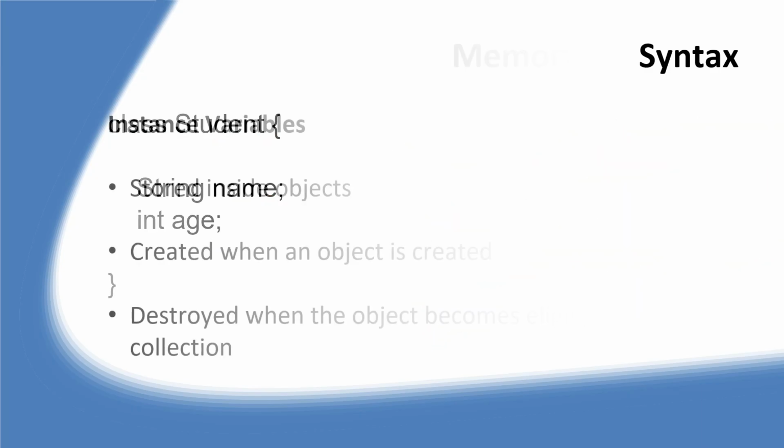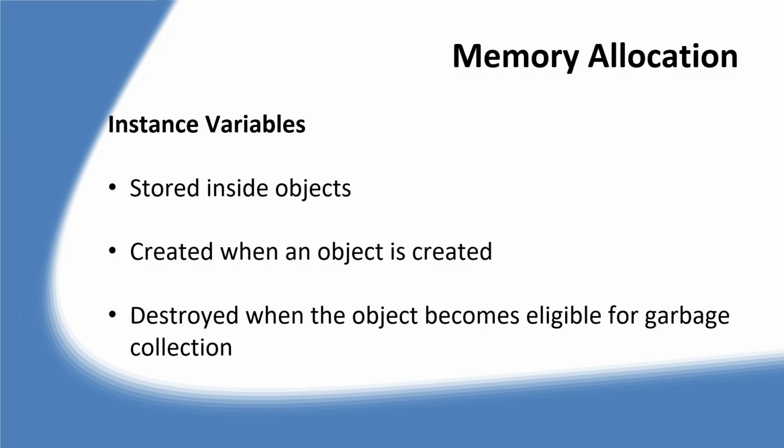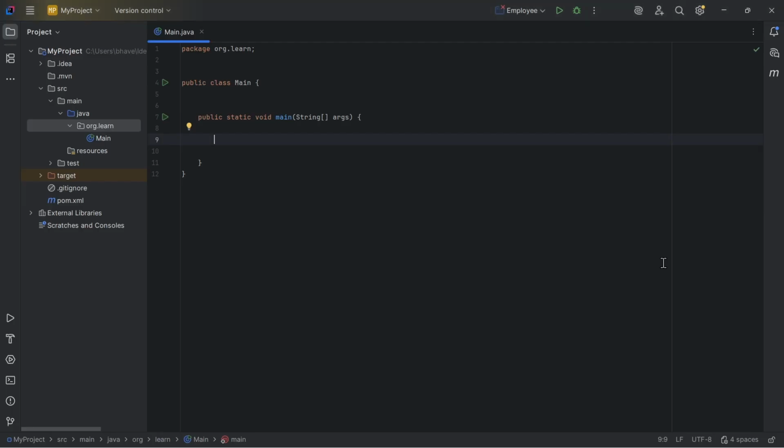Now we will see some example before going to memory allocation. Okay, and in IntelliJ, what are we reading? We are reading instance variables. Okay, so let's create one class.